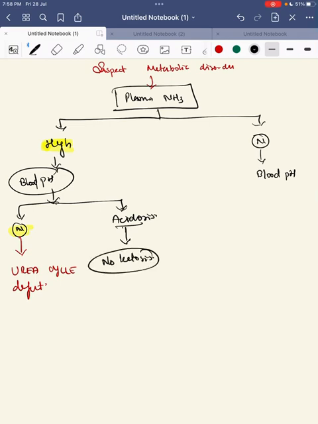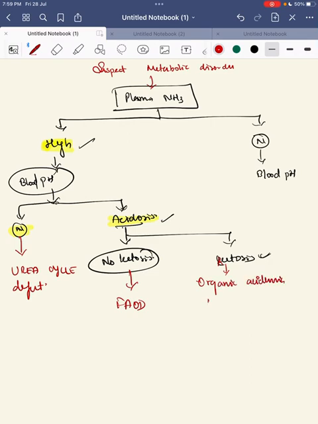When there is no ketosis, only hyperammonemia with acidosis, the defect is fatty acid oxidation defect. Or when the child has high ammonia with acidosis and with ketosis, everything is present, the defect can be organic acidemia or mitochondrial disorders.